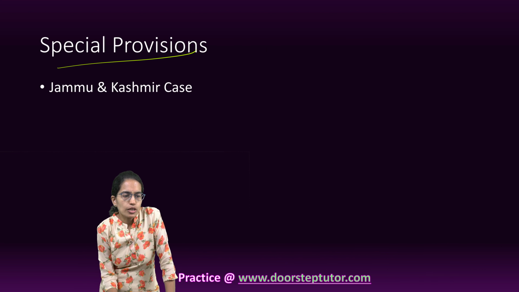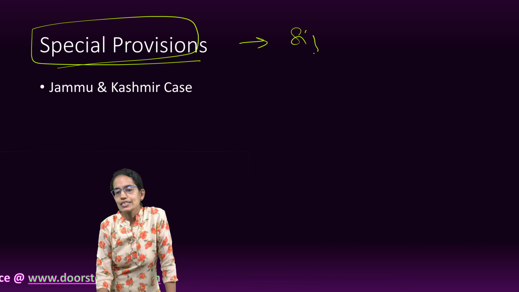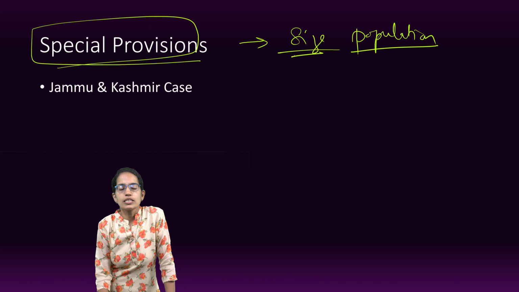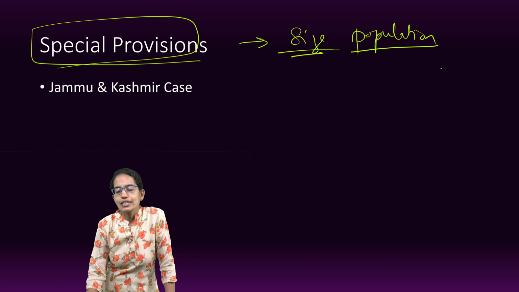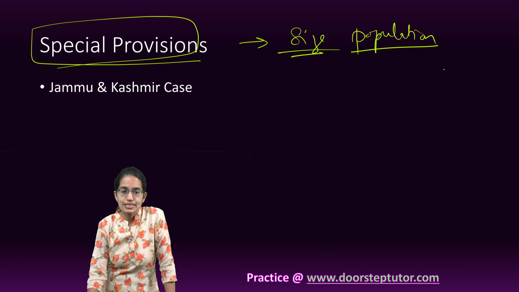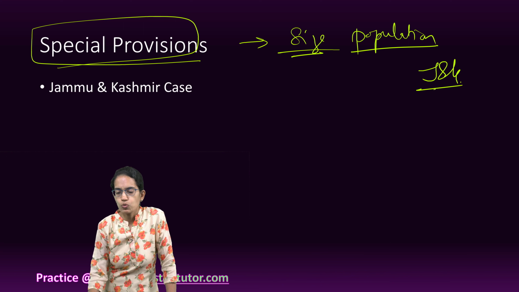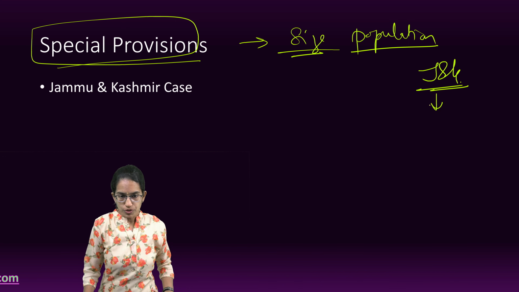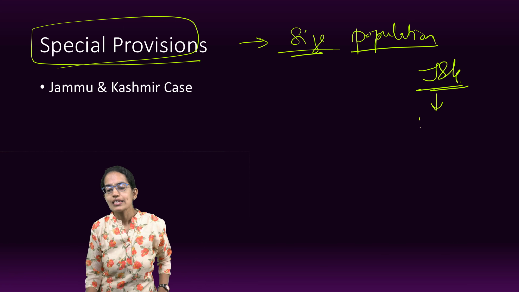Then we talk about a very special case, which is the special provisions, as the name suggests. Now, the size and the population of different regions ensure how the special provisions are brought. When India got independence, most of the Muslim majority states or presidencies sided with Pakistan during that time, but Jammu and Kashmir was one exception. The Maharaja of Jammu and Kashmir, despite the views of the people there, decided that they would merge with India.